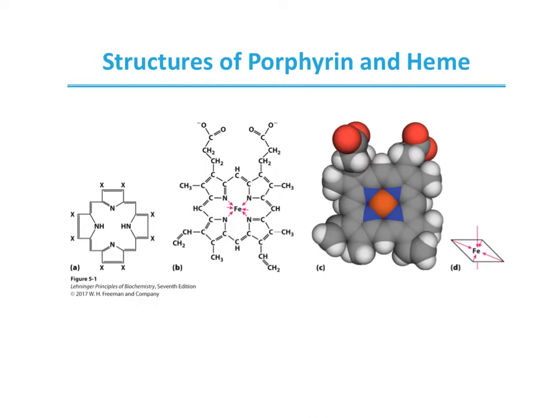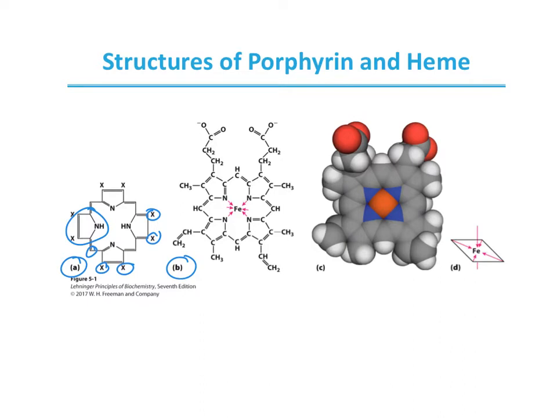Heme is a structure that includes a protoporphyrin ring, shown in A, bound to an iron atom, and the porphyrin ring bound to the iron is shown in B. So a protoporphyrin has these pyrrole rings, these 5-membered nitrogen-containing rings, covalently bonded to each other via a methane group.